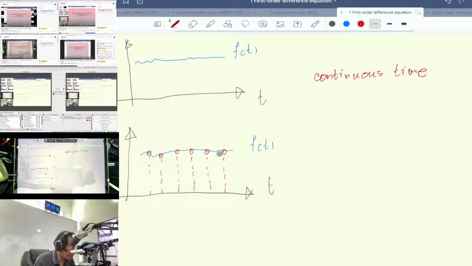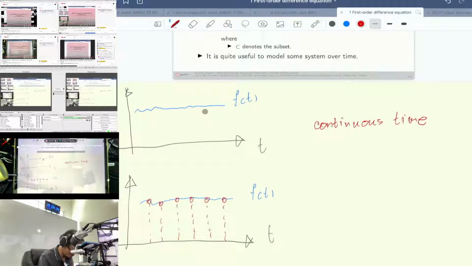Here is a specific value with respect to y-axis, okay, for f(n). t right here will depend on n. Okay, for example, this is f1, f2, f3, f4, f5, f6. Okay, we can have something like that. This is the discrete time.